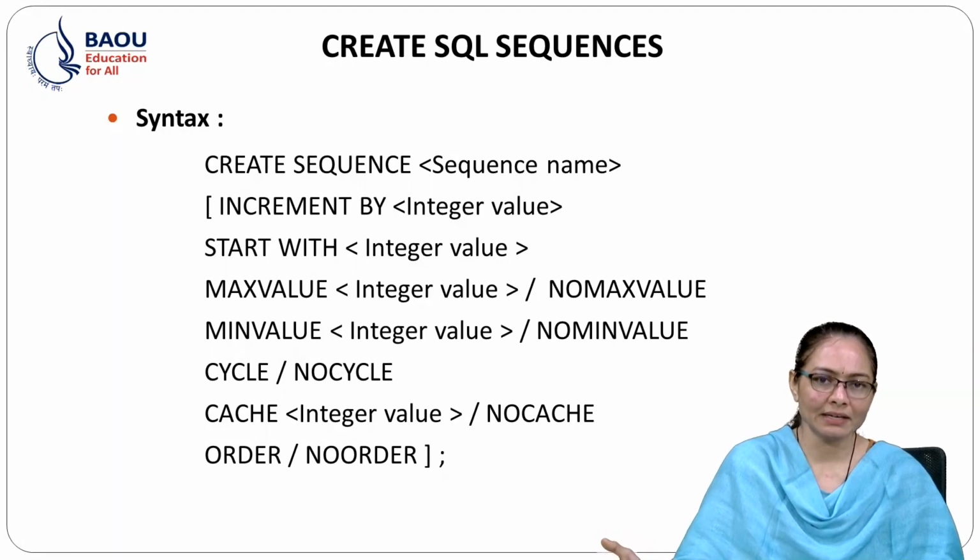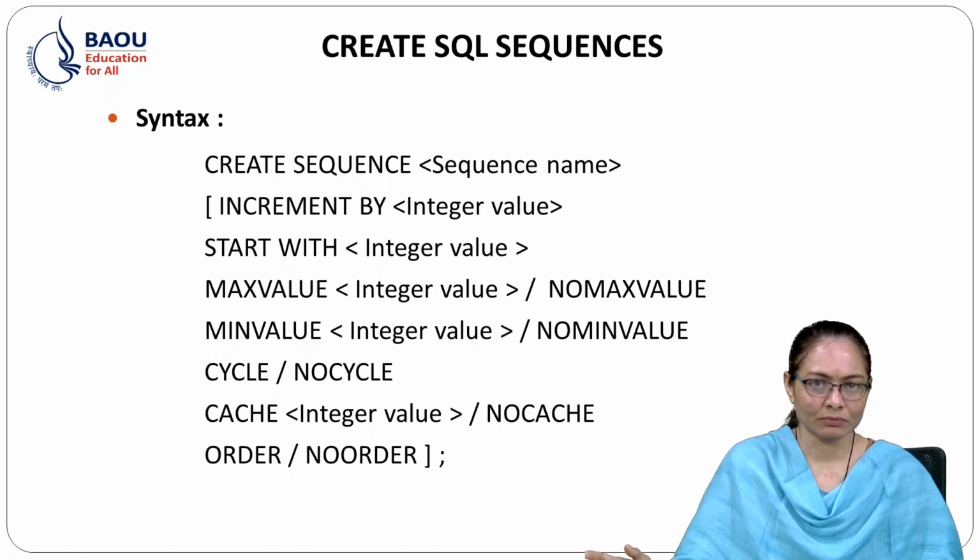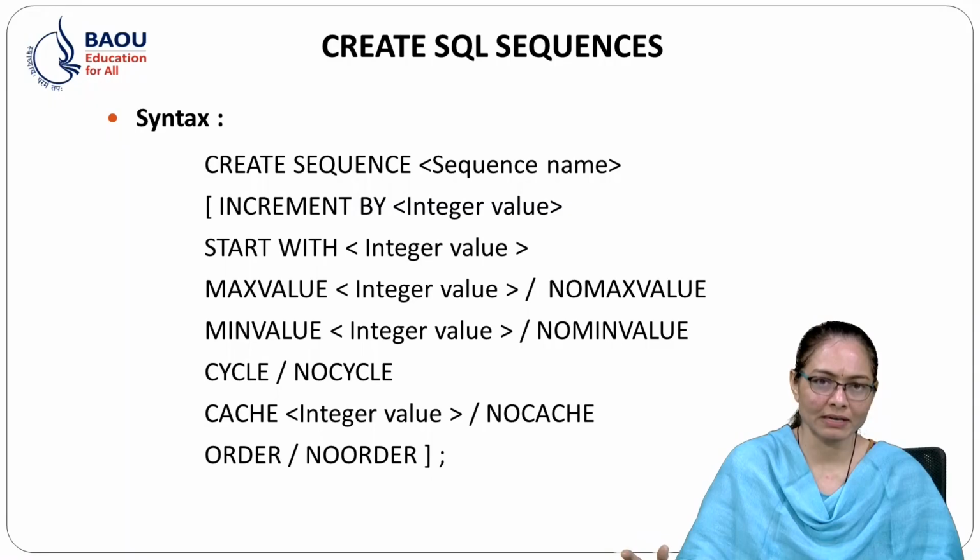It is the interval between two sequence numbers. It can be positive or negative, because we generate an ascending order or a descending order sequence, and according to that we provide the value. The increment value cannot be 0. The default increment value is 1.